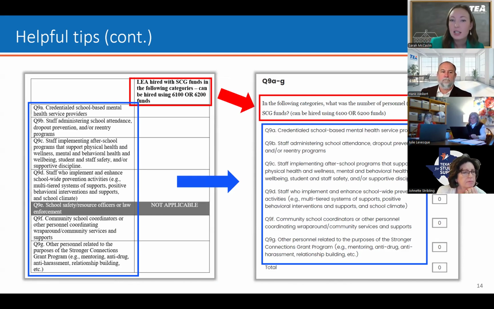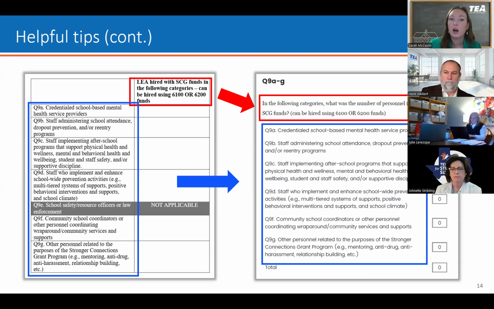The second table that's in your fillable worksheet is asking information about the number of personnel that were hired. So in this blue box on the left-hand side, you'll see a list of predetermined categories. In the blue box on the right-hand side, you'll see in the Qualtrics question the same list of those predetermined categories.